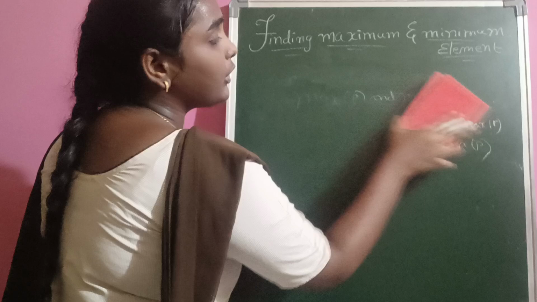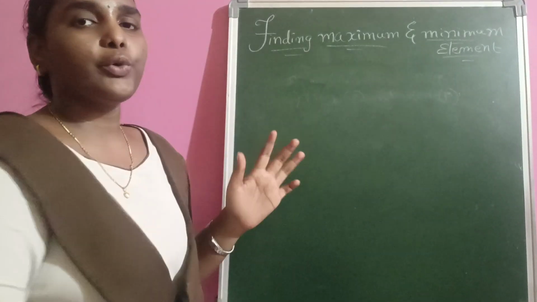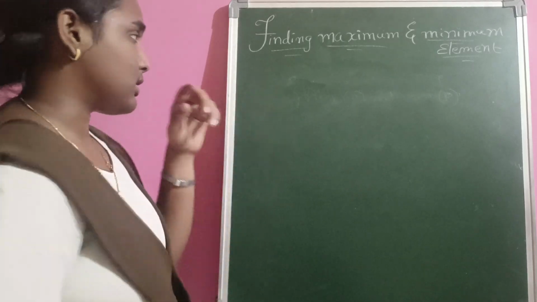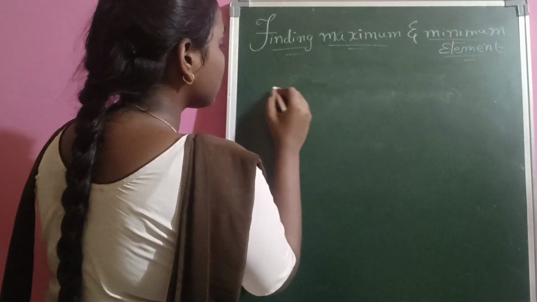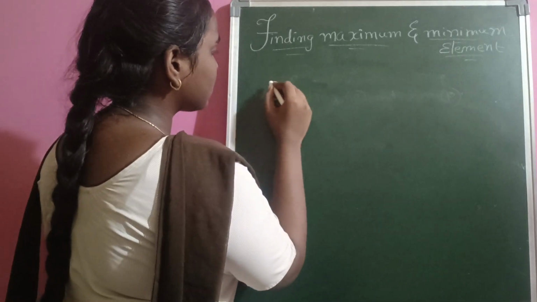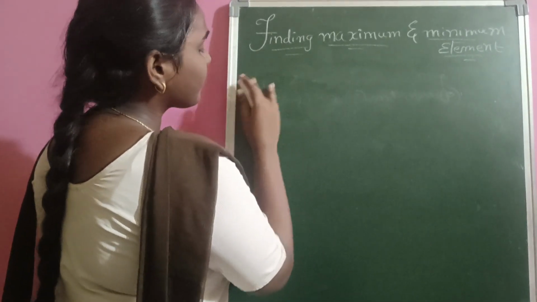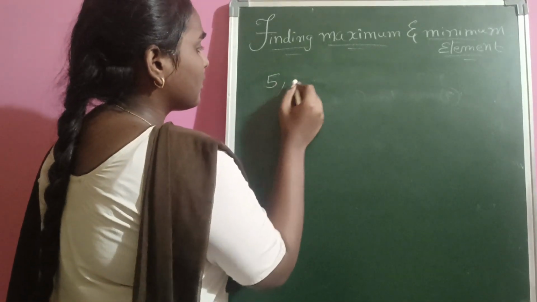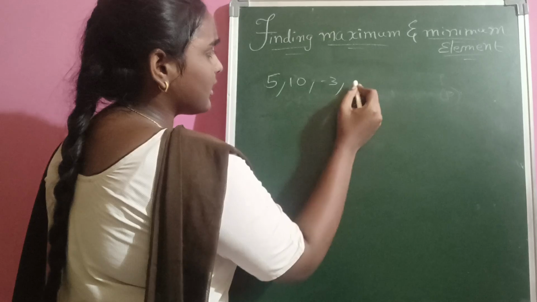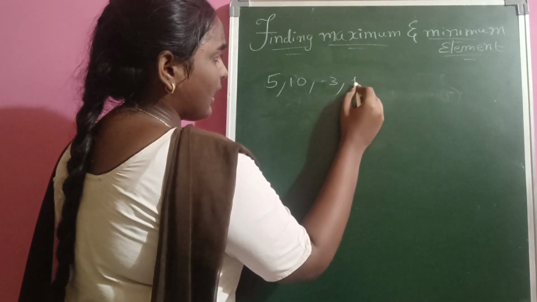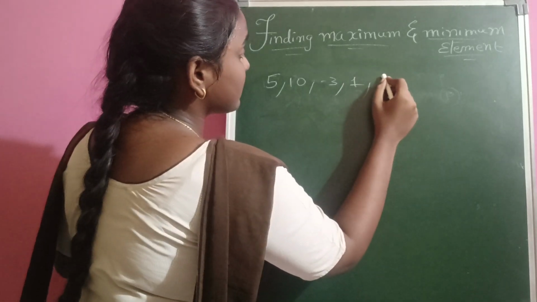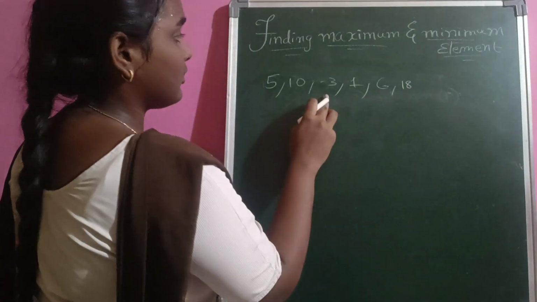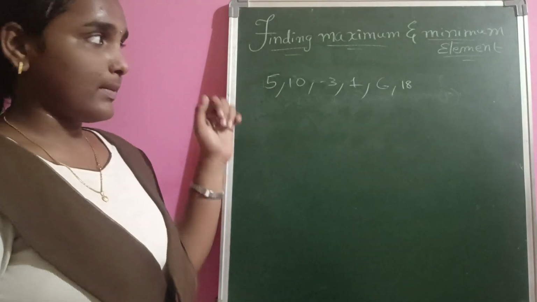So in order to understand in detail, now we are going to solve a problem using this divide and conquer technique. Let us consider the elements 5, 10, minus 3, 1, 6, 18.